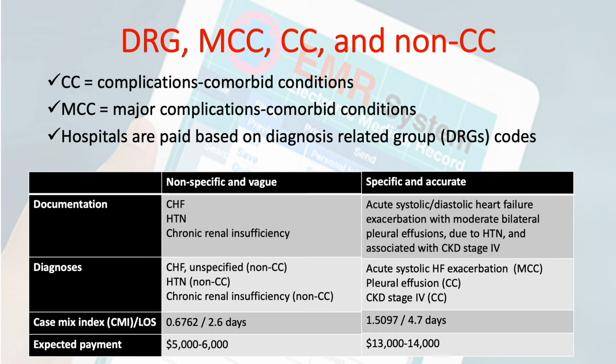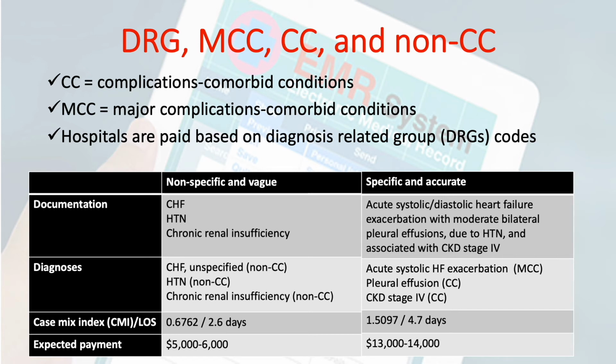As you see, this is more accurate, more specific documentation, and it will lead to a diagnosis with more MCC and CC in it. For example, acute systolic heart failure exacerbation is an MCC, pleural effusion is a CC, and CKD with a specific stage like stage 4, which implies an advanced CKD, is a CC.